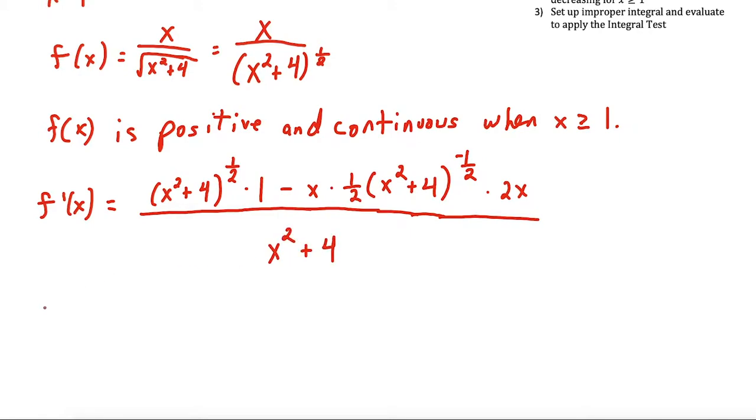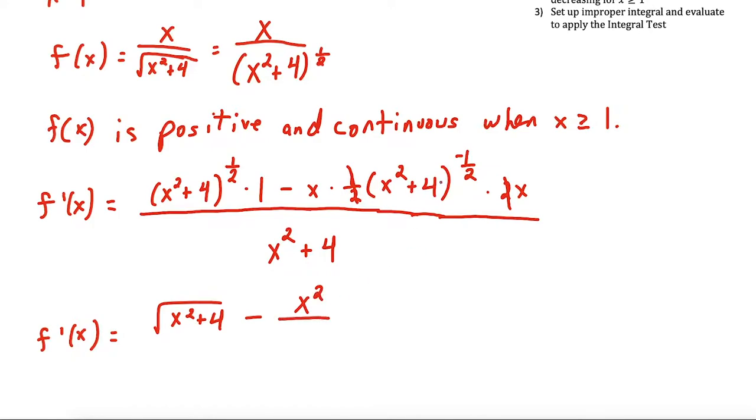And let's just simplify the numerator a little bit. So what we'll do is, I'm going to put this back in radical form. We have square root of x squared plus 4 first, minus, and now 1/2 times 2 cancels out, and we have x times x is x squared.